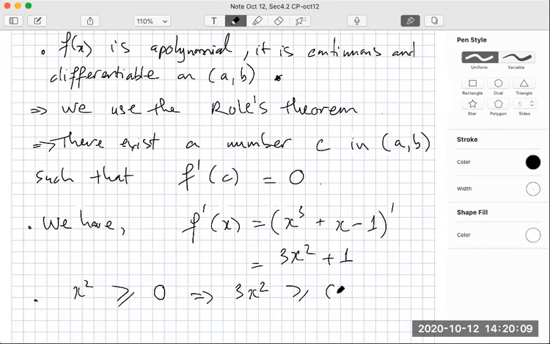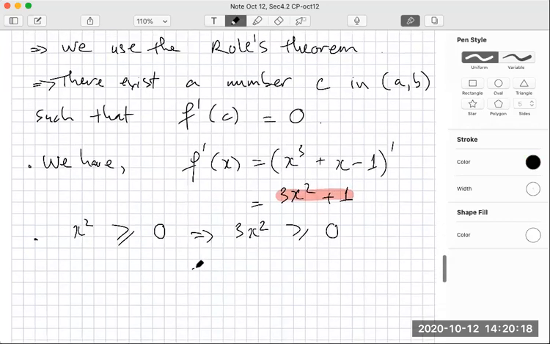Still larger than or equal to 0, right? How about 3x squared plus 1? How does it compare? Always larger than or equal to 1, right?